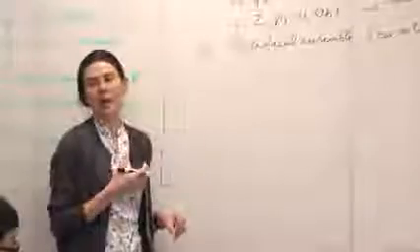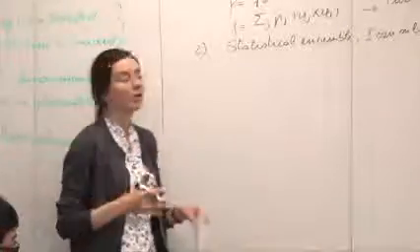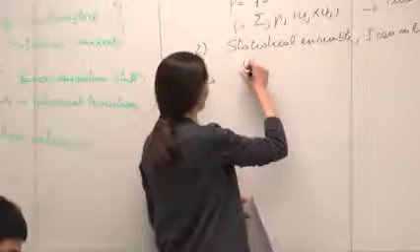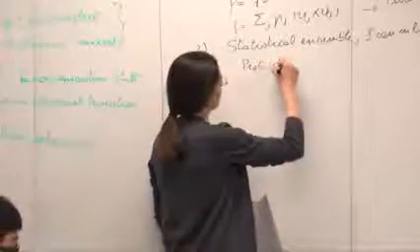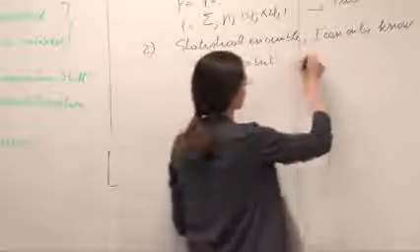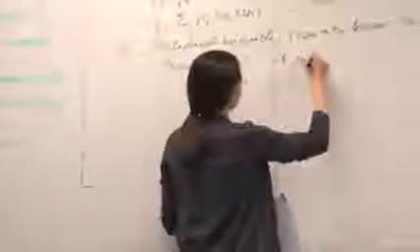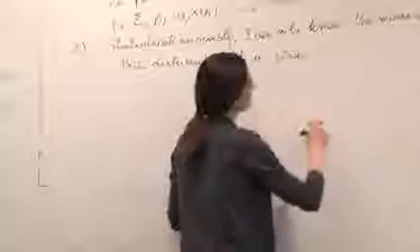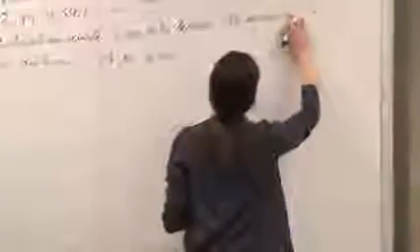And again, this macro system is described by a probability distribution over possible microsystem macrostates.